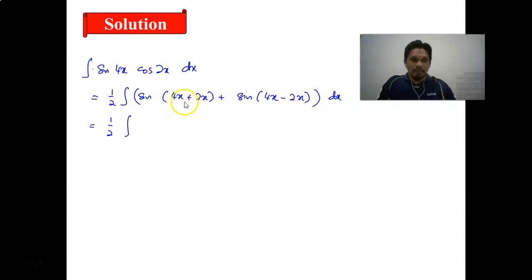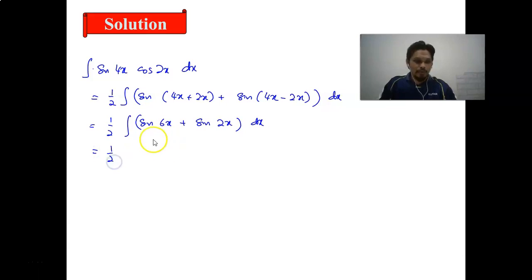Okay, so 4x plus 2x is sine 6x plus 4x minus 2x is sine 2x dx.